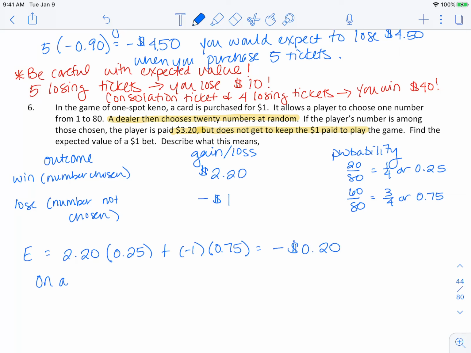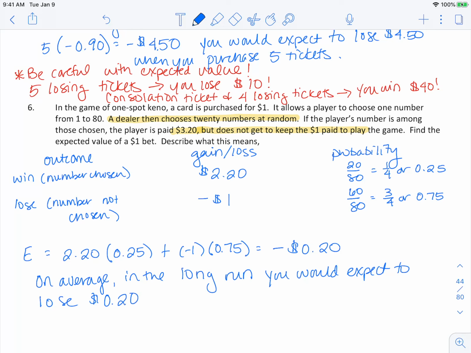So on average, in the long run, you would expect to lose 20 cents on each $1 bet. And that is the end of our chapter 11.